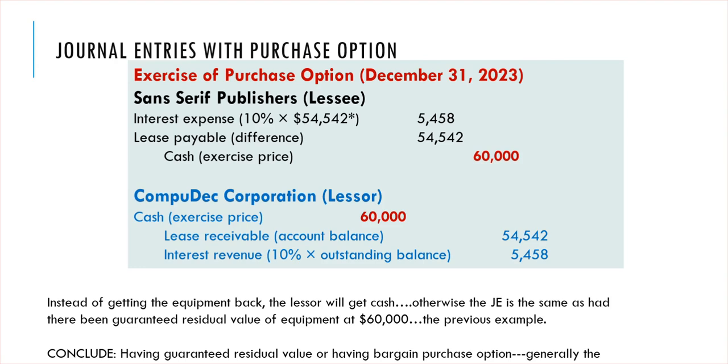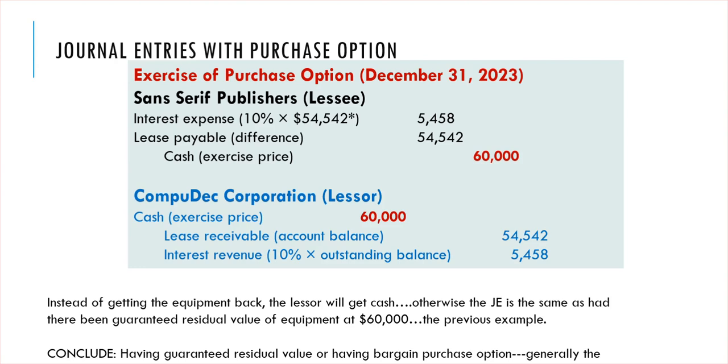So to go back with this, instead of getting the equipment back, what's going to happen here, this is the only real difference between it and the guaranteed residual, is we're going to get cash in because of that equipment that we already took off our books.